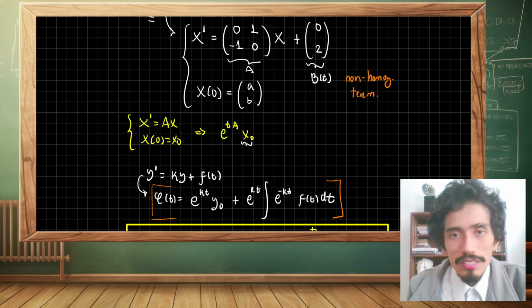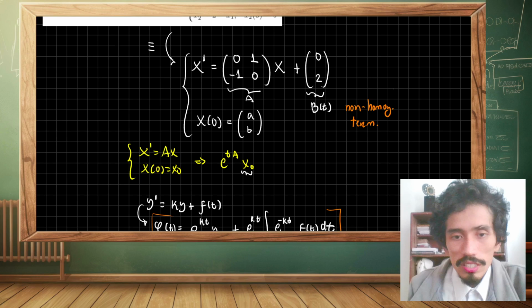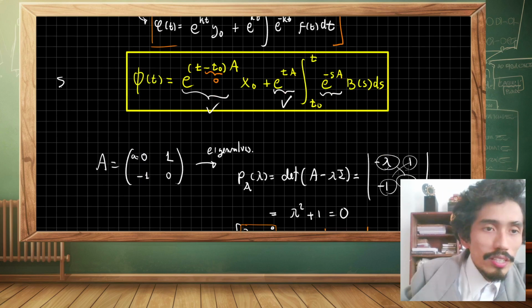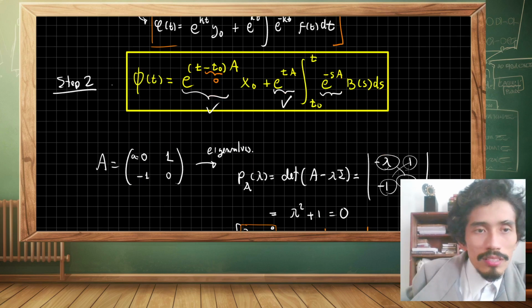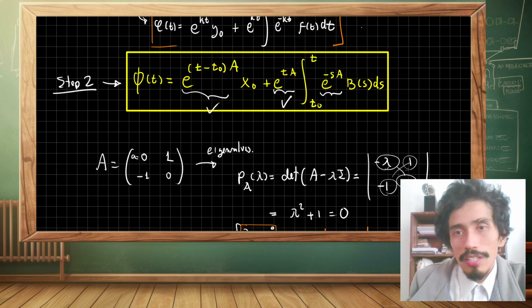The first step is to identify the matrix and its non-homogeneous term, which is done pretty easily. And step 2 is to remember this formula, which is very similar to the formula that we already know for one unknown.